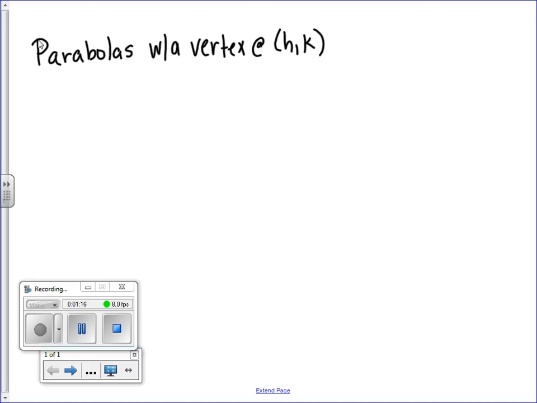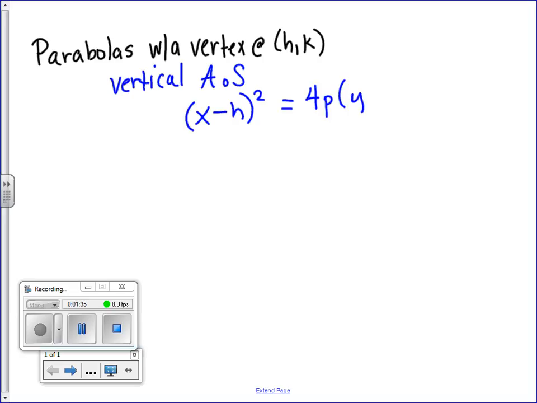So if we have a vertical axis of symmetry, our standard form is (x minus h) squared equals 4p times (y minus k). Your vertex is at (h, k).